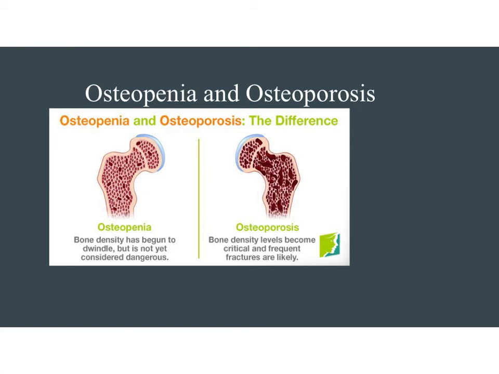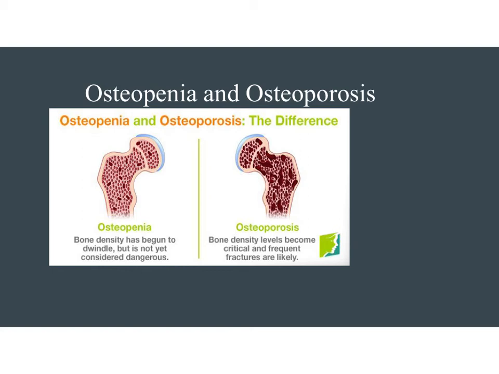the last thing I want to talk about is osteopenia and osteoporosis. Both of them occur usually in an older population as mineral density in the bones decreases. So osteopenia is that initial dwindling of minerals in the bone.